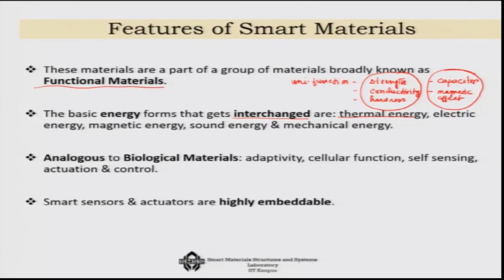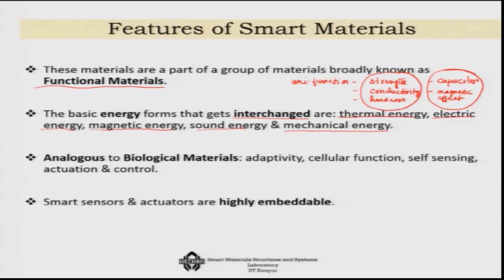But suppose the material gets heated, then that interchange is in terms of thermal energy. Suppose it also generates voltage, then that mechanical energy gets interchanged to electric energy. Suppose it generates a magnetic field, magnetic energy, sound energy of course, and vice versa from electrical energy to mechanical energy.